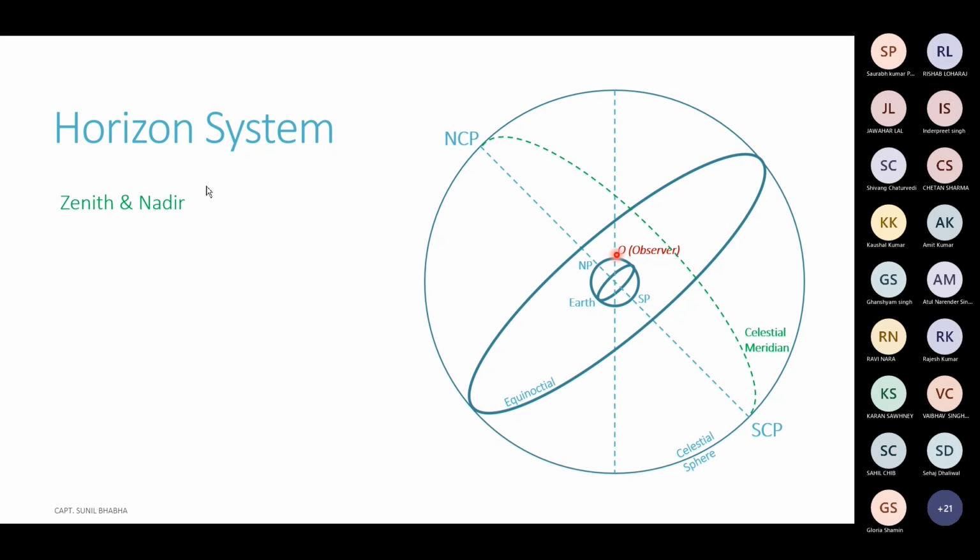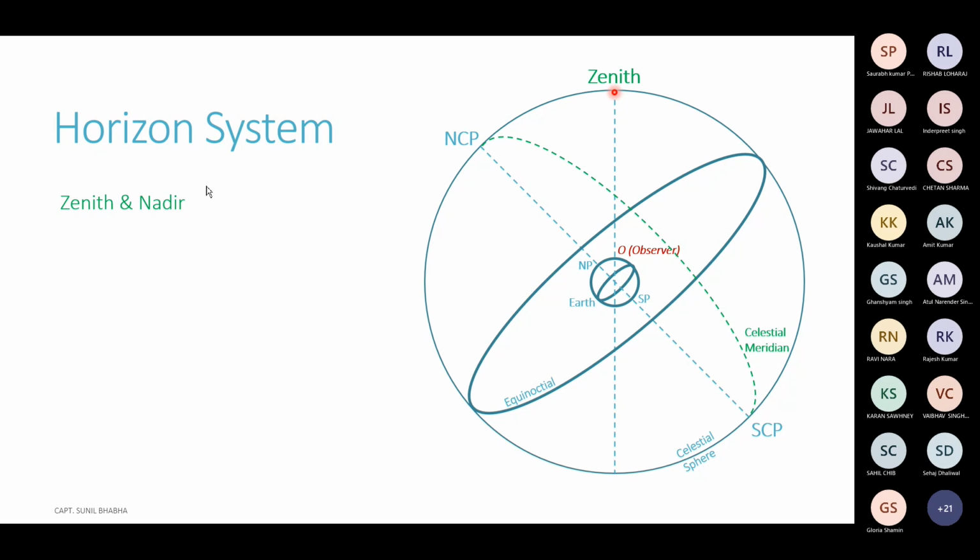This line passing from the observer's position meets the celestial sphere at a particular point which we call the zenith of the observer. So if you look carefully, you can also see that this zenith is the point on the celestial sphere which is directly overhead of the observer.